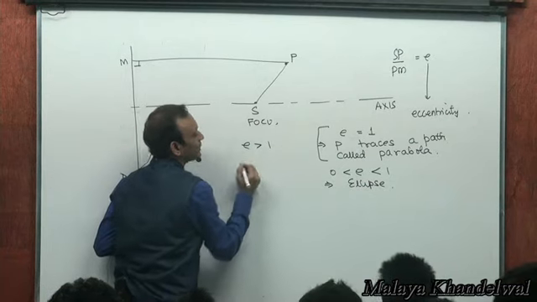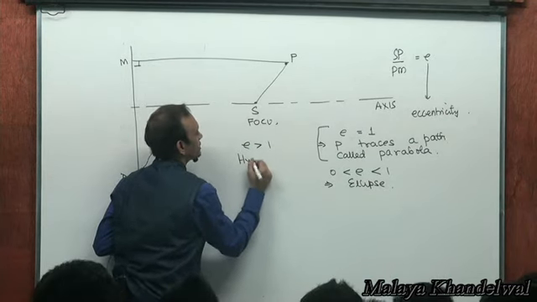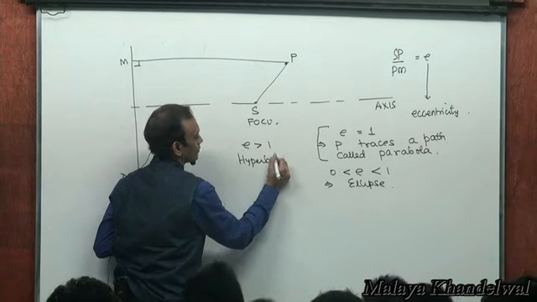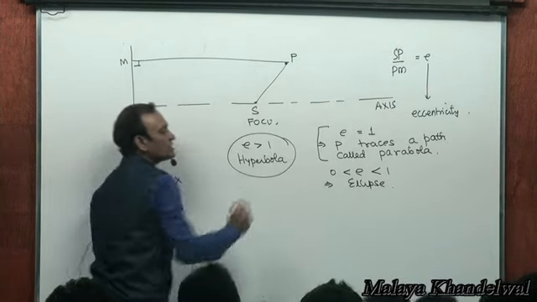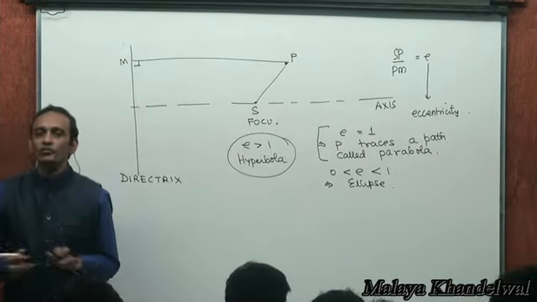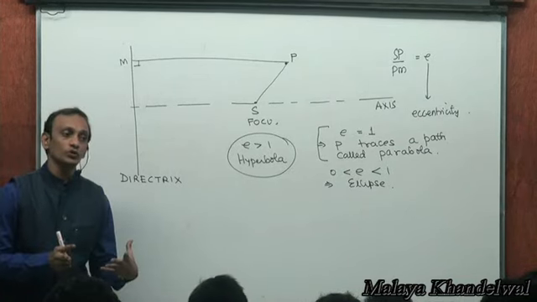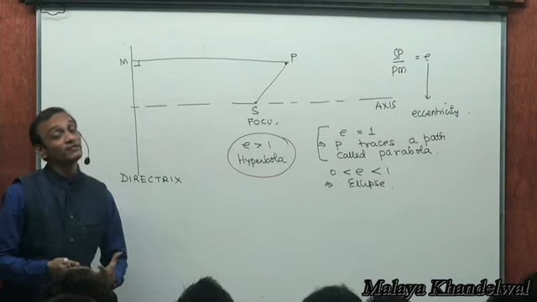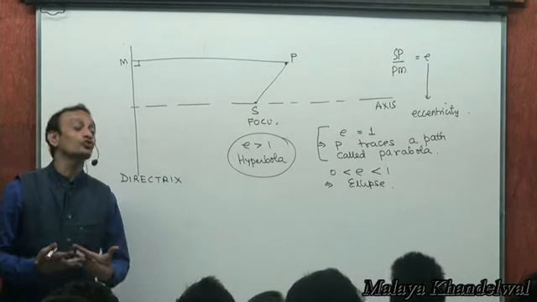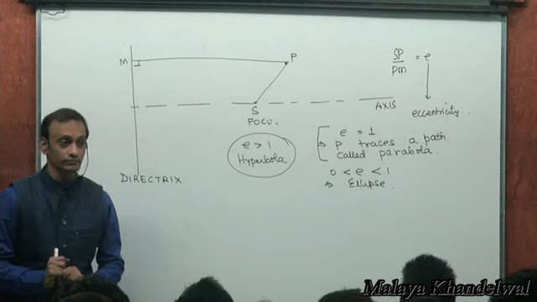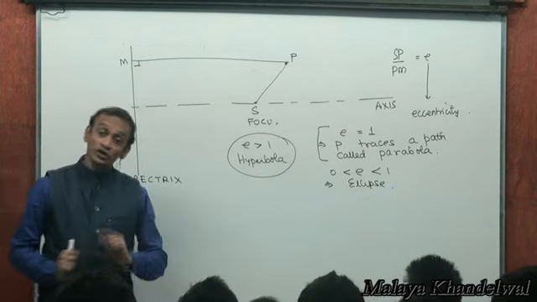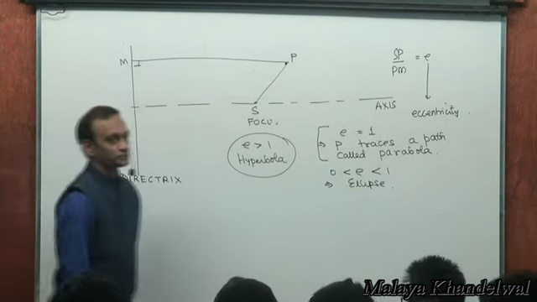For E greater than 1, the path traced is a hyperbola. So these are three fundamental varieties of conic sections: E between 0 and 1, ellipse; E equal to 1, parabola; E greater than 1, hyperbola. E equal to 0 is a circle, which we have already read, right?